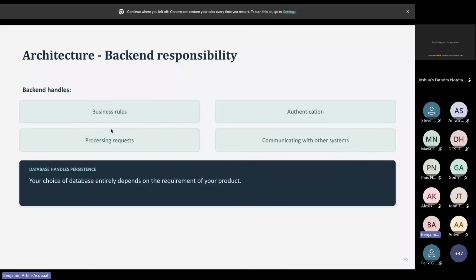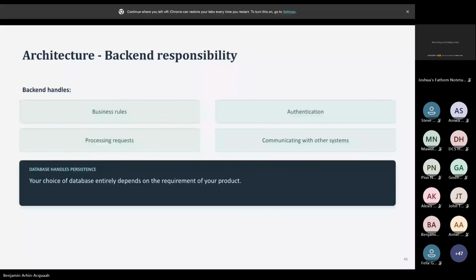Okay, so yeah, your choice of database. We have a non-relational database too, and there are a few of them. I usually call them NoSQL. So we have the SQL and the NoSQL.